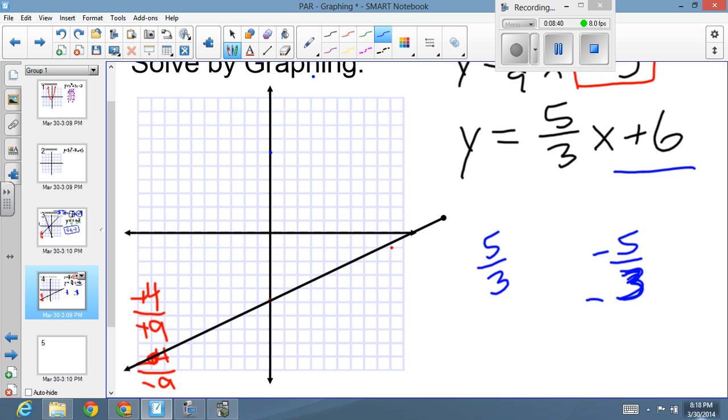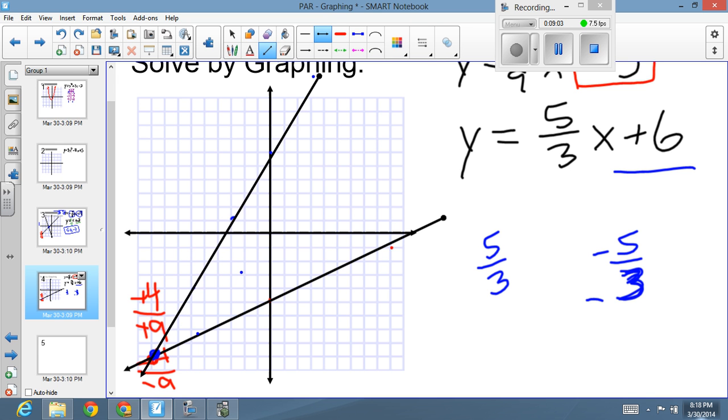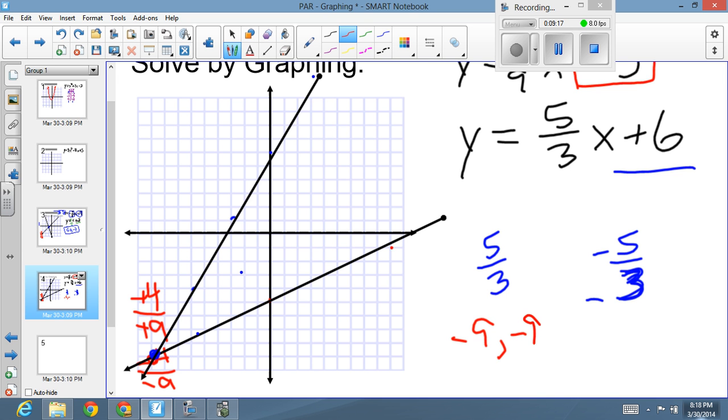Or I can go down 5 and back 3, which has me right here. It turns out to be that point way down there where these intersect. So if I count that, that's to the left 9, and then down 9. -9, -9.